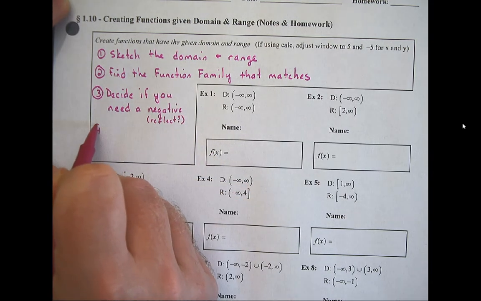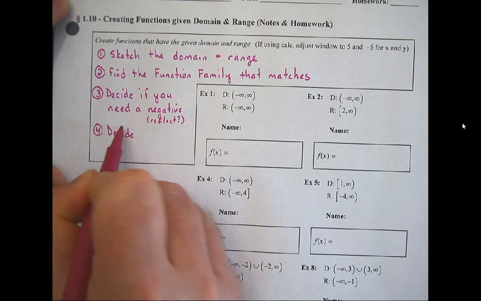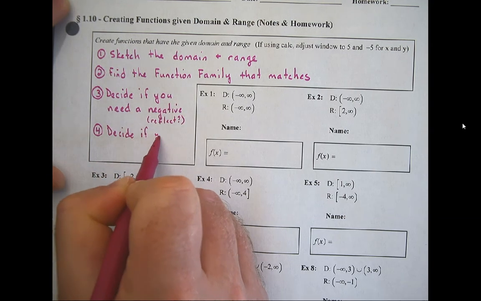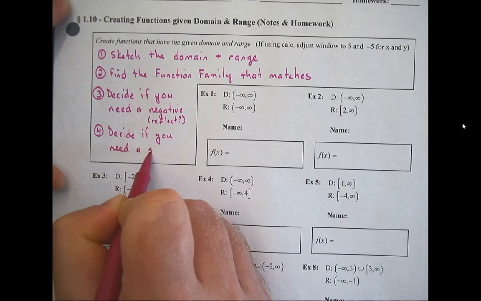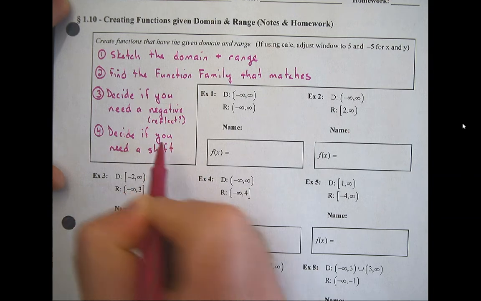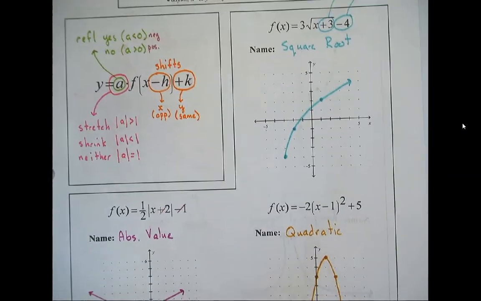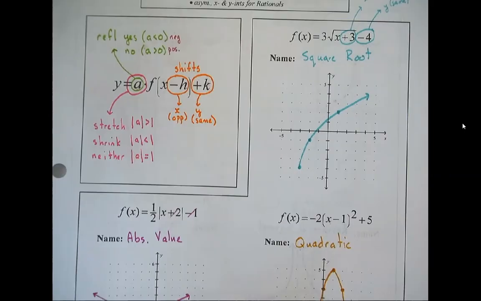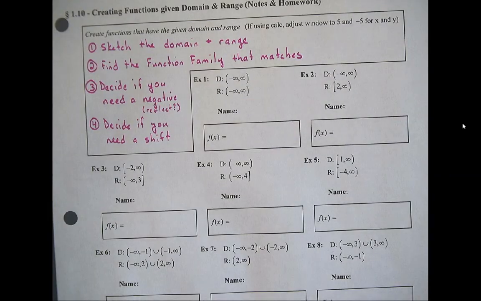And then finally, number four, decide if you need a shift. So those of you who really got how to transform our parent functions, this will be pretty easy for you, I think. Those who struggled with this, what's nice is you get a chance to relearn this because it applies it in the reverse direction, but it might take you a little bit longer.